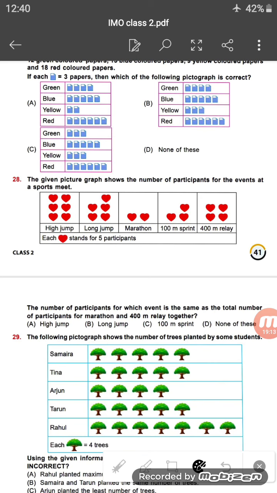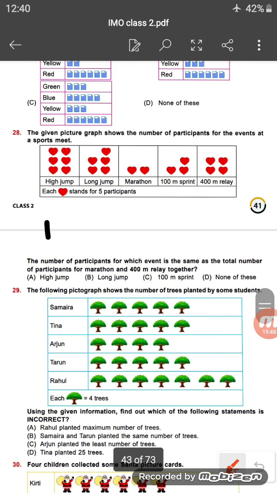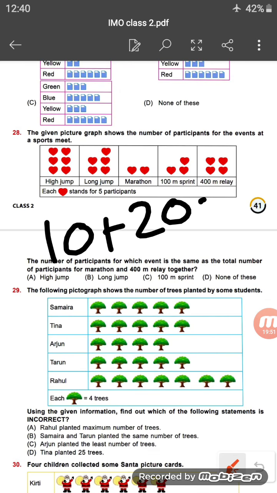If one red sign stands for 5 participants, the question is for which events the number of participants is the same. The total number of participants for the marathon and 400 meter relay together is 10 plus 20, so it is 30.